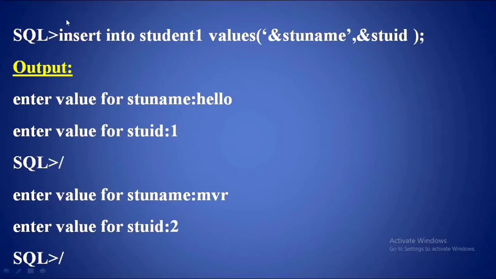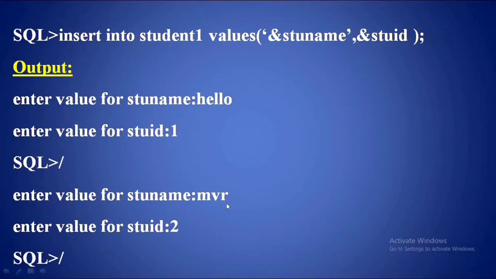The command is insert into student1 values, bracket open, ampersand student name, comma, ampersand student ID. There are two fields: student name and student ID. First, enter the value for student name. First student name is hello, ID is 1. Next, reverse slash enter.